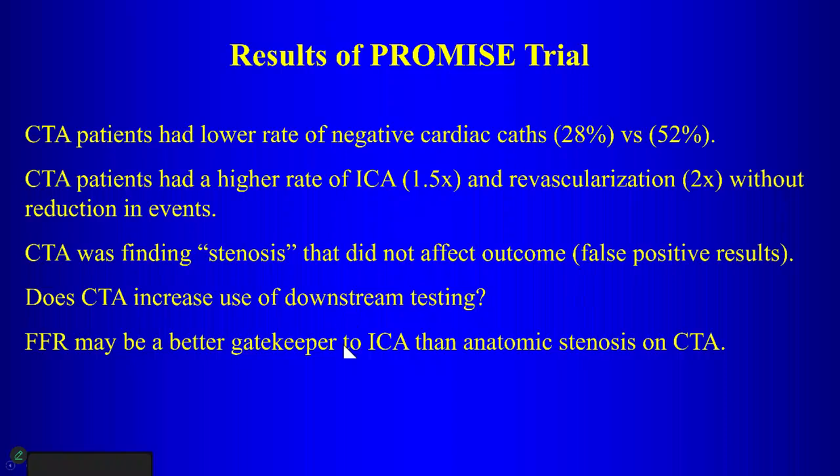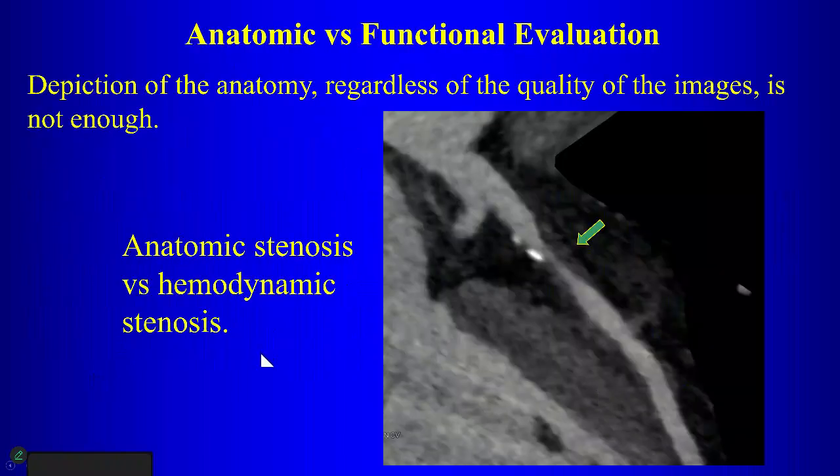And this is why we get to fractional flow reserve, and we'll talk about this, which is some evaluation of the physiologic significance of stenotic lesions to determine what should be done for those patients, rather than purely an anatomic evaluation of the stenosis as we see with coronary CTA. So fractional flow reserve is a physiologic evaluation of the stenosis, whereas just looking at the images on coronary CTA is a purely anatomic evaluation of the stenosis.